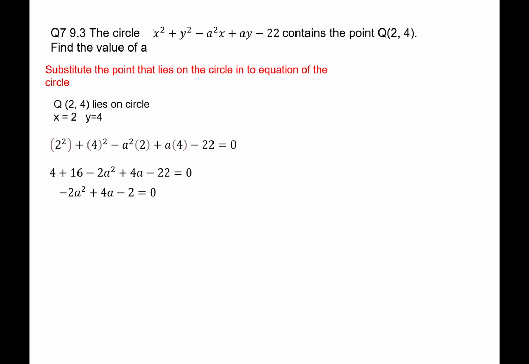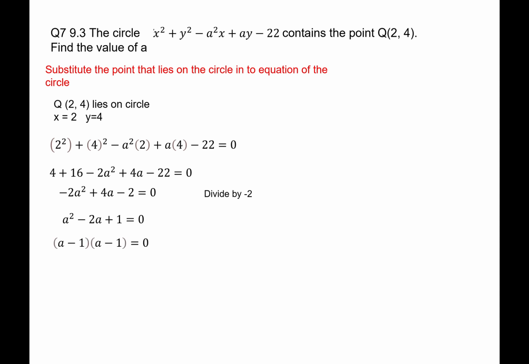I now need to factorize to solve for a, but first I will divide by my common factor, and also divide everything by a negative so that the coefficient in front of the a squared is positive. So dividing everything by minus 2 gives us a squared minus 2a plus 1 equals 0.